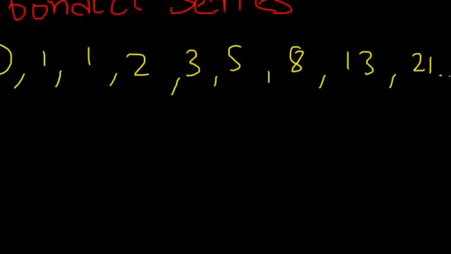It's pretty obvious, that relation. So here 1 is 1 plus 0, 2 is 1 plus 1, 3 is 1 plus 2, 8 is 5 plus 3, and so on. So essentially that is the Fibonacci series.